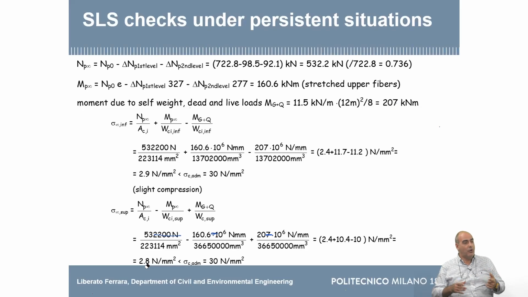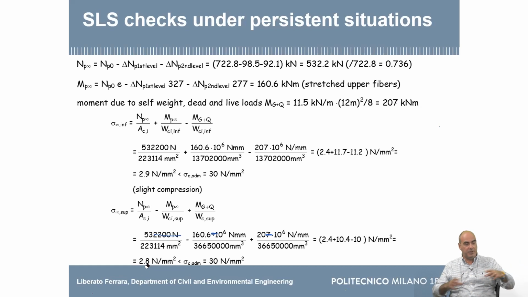When you design a pre-stressed beam, generally you have worksheet tools that make the checks at different cross sections. For example, here is a 12-meter long beam, and you make the checks every 25 centimeters. So you have checks at different cross sections, because the bending moment will be different, but also the pre-stressing force will be different.